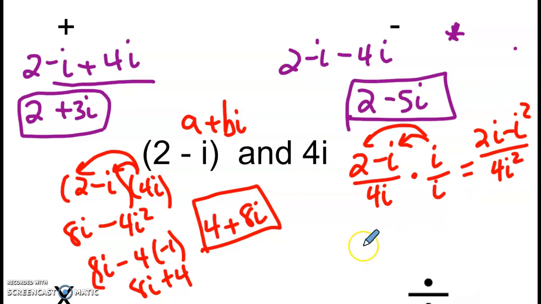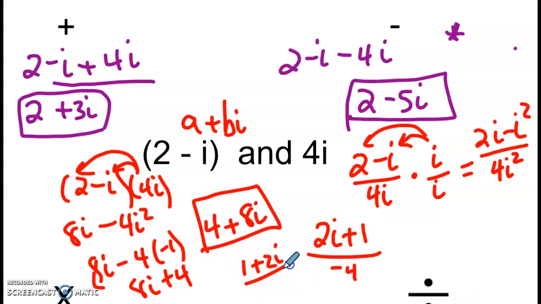And then all these i squareds turn to negative 1. 2i minus negative 1 is the same as plus 1, and 4 times i squared is negative 1, so 4 times negative 1 is negative 4. Again, we have our i term first and then our number.